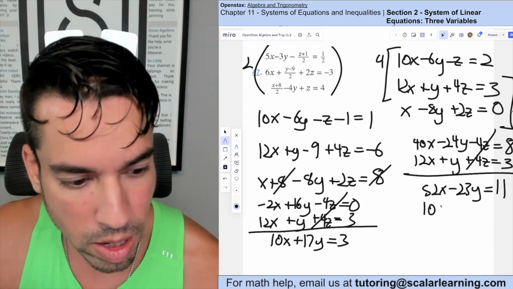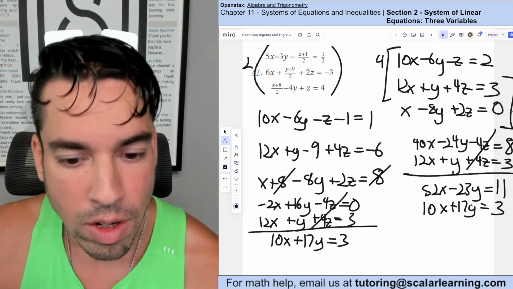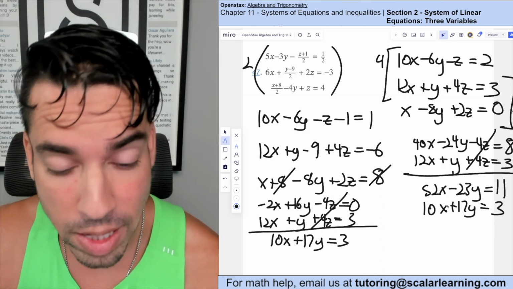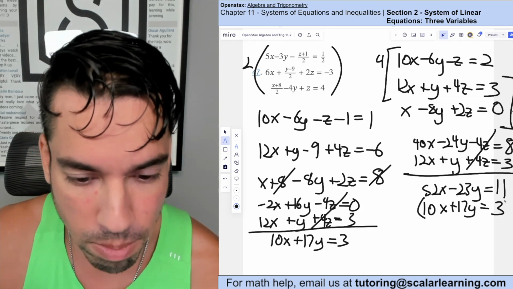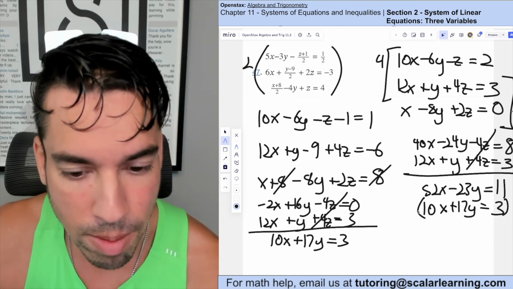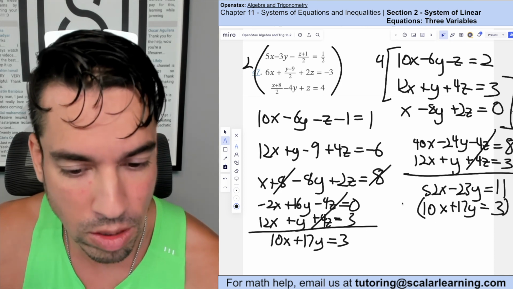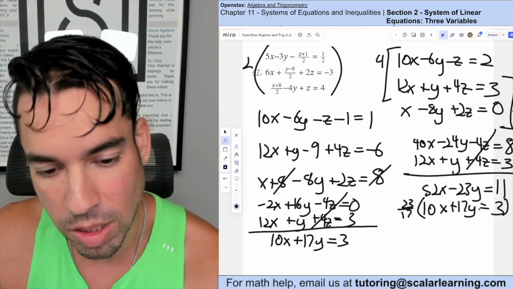Let's write them right on top of each other. And using our typical elimination, we're going to match up one of the variables. Now, these are going to be unpleasant fractions, but we're going to do what we've got to do. So, for example, let's say we want to cross out the y's because they're already opposites. If I multiply by the reciprocal, like 23 over 17, right? What that's going to do is turn that into a 23. So that's going to be great.